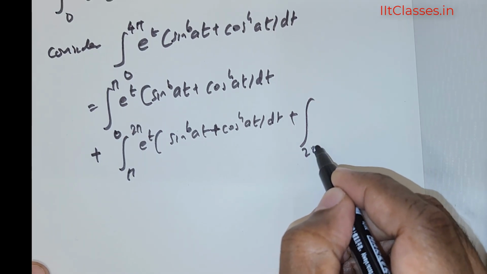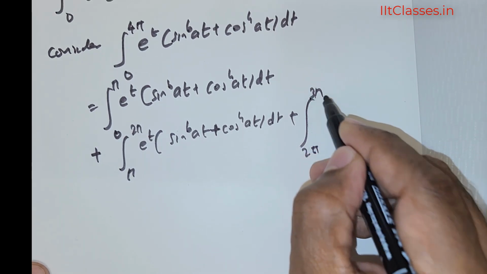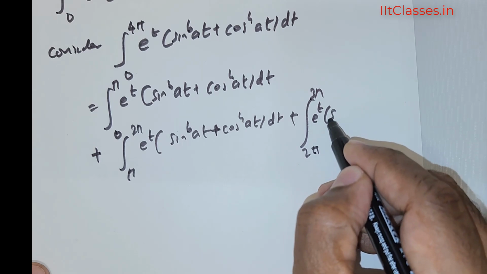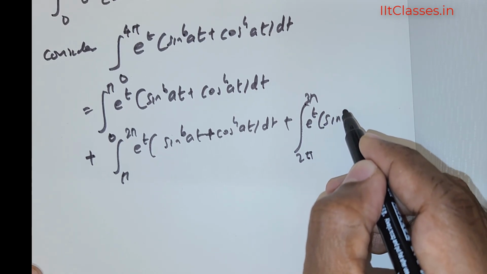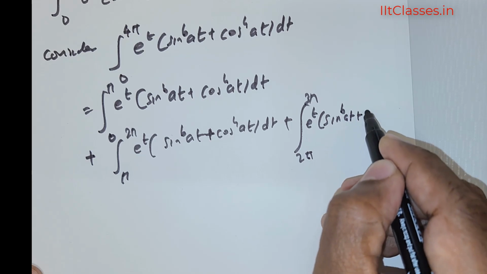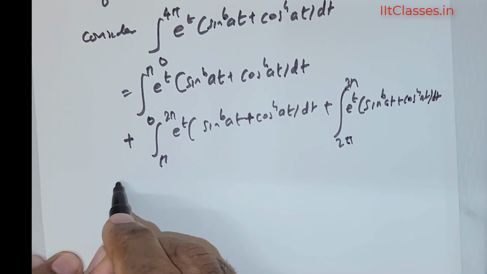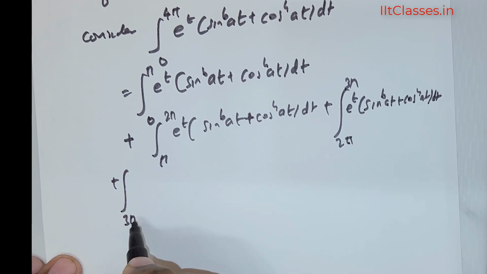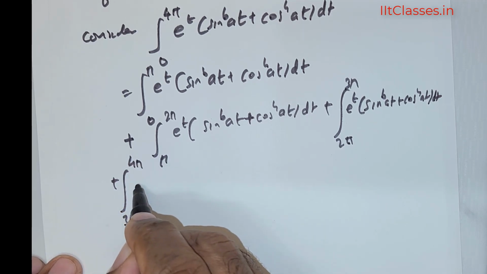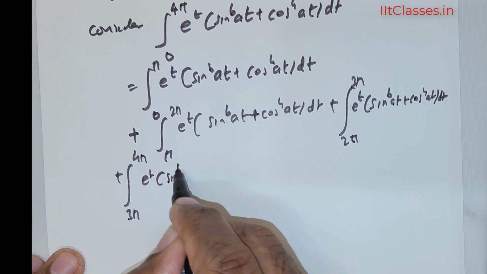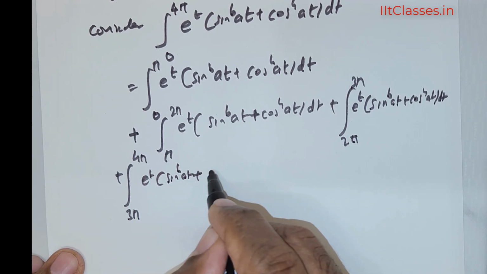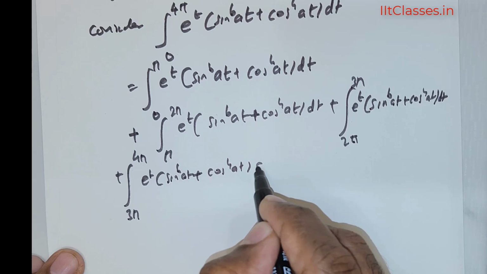The next one is going to be 2π to 3π of e^t (sin^6(at) + cos^4(at)) dt. So the next component is going to be from 3π to 4π of e^t (sin^6(at) + cos^4(at)) dt.